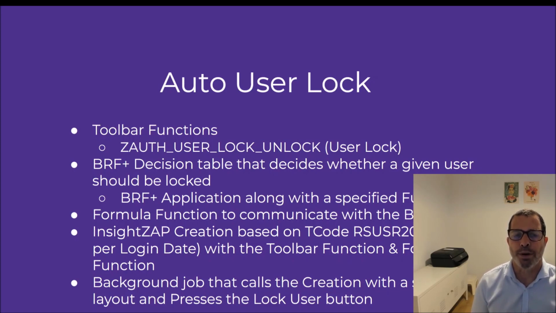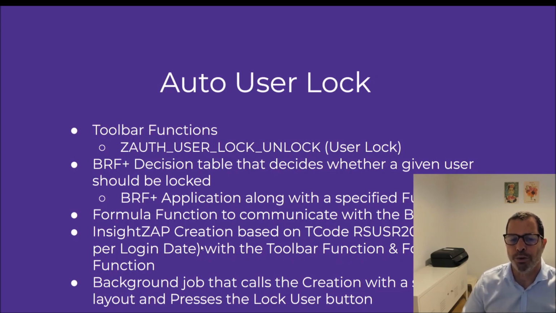So I created a toolbar function by the name Authorization User Lock and Unlock. This is the same one I presented before. Then I created the BRF decision table that gets values, fields from a user, and replies with the decision whether this user should be locked, okay, or kept untouched. Then I came up with a formula function to communicate between Insight Zap and the BRF.